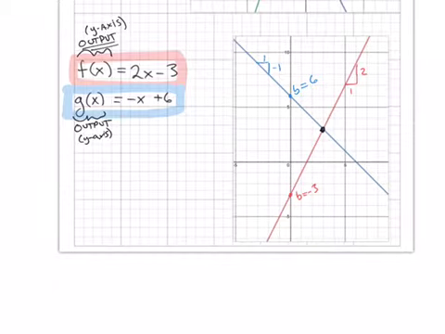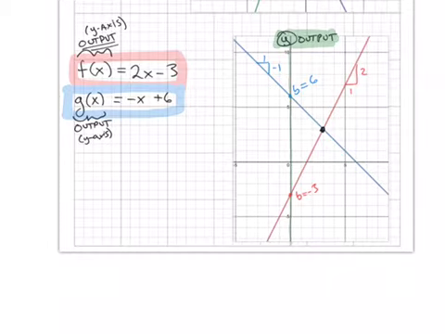And so I'm going to label this y-axis here as the output axis. I'll go ahead and mark that in green. This goes all the way back to the very first chapter that we studied this year, functions. As promised, they never go anywhere all year long. And so this green axis is the output axis.